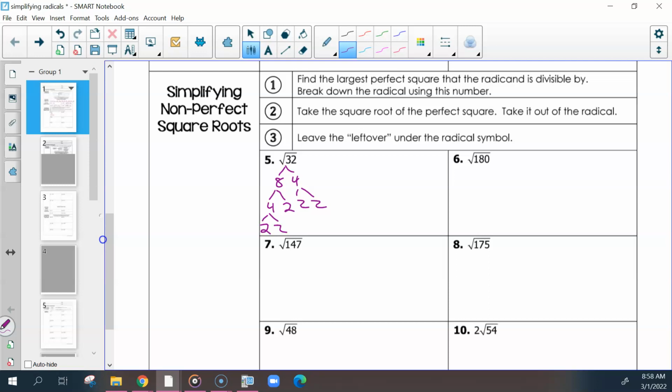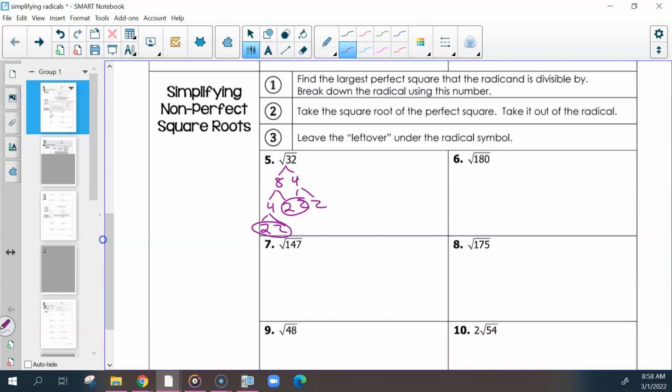So once you've broken it down completely, then because it is the square root, you're looking for pairs of the same number. So here we have a pair of 2's. Even though we have 3 here, we can group 2 of them together to make a pair.